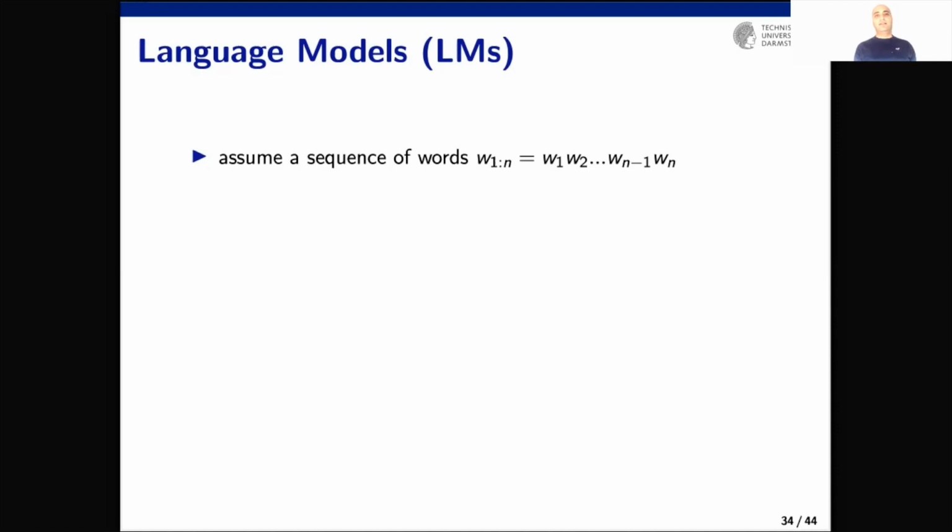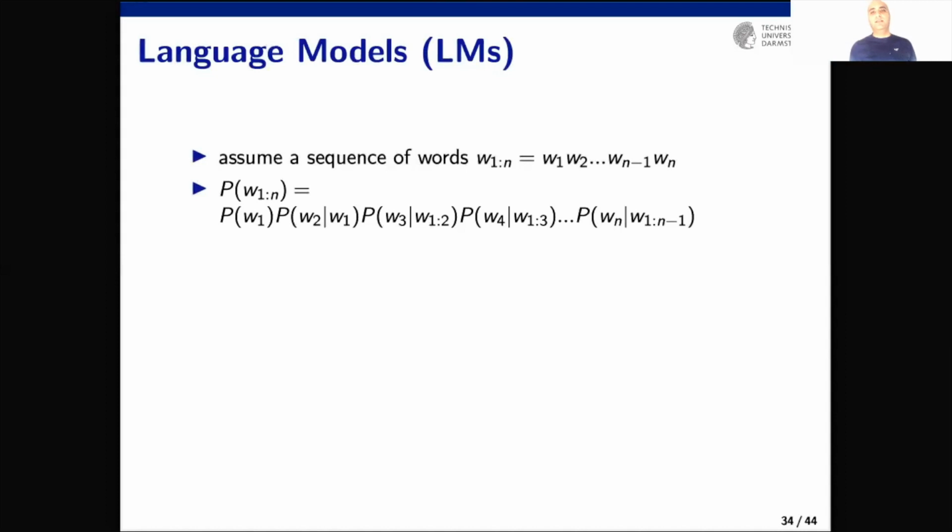Okay, let's look at the language models. Let's assume we have the sequence of words, W1 to Wn, and we want to know how likely this sequence of words is. The probability of this sequence equals the probability of W1, because this is the first word, so how likely is it to see W1 in this language as the first token. And then we have the probability of W2 given W1. So we want to know the probability of the second token given the first token, right?